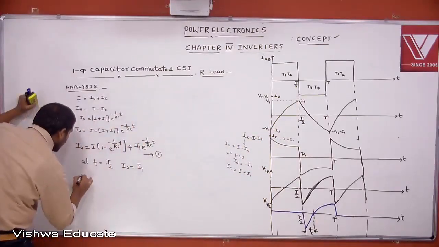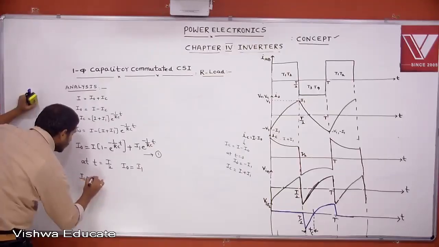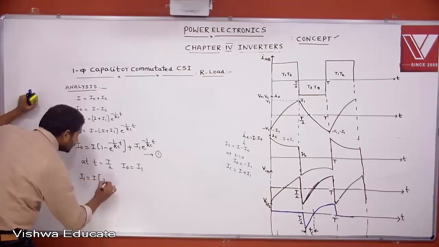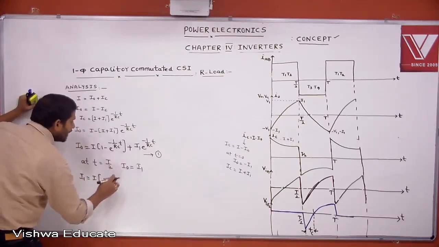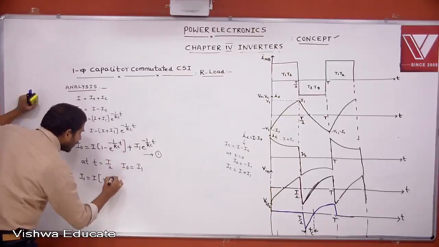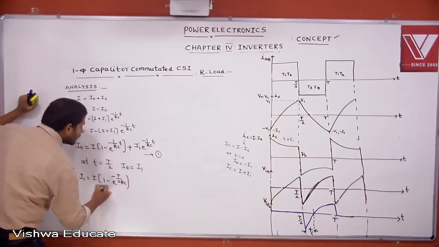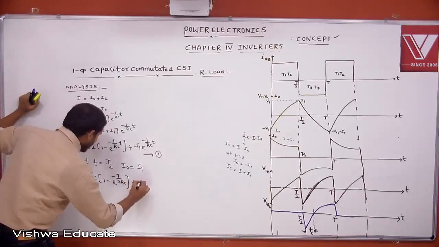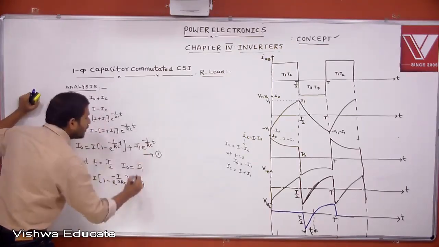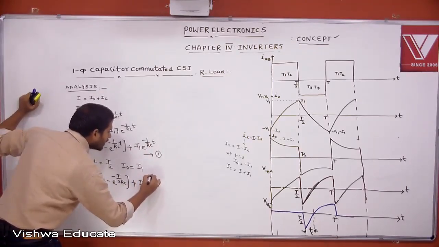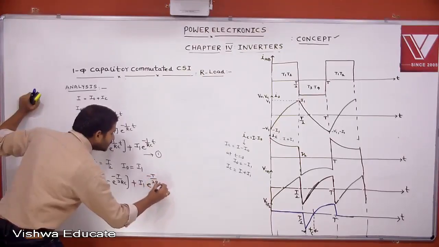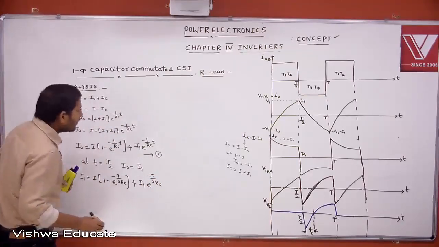Then you substitute here: I1 equal to I into 1 minus e power minus T by 2 RC, plus I1 into e power minus T by 2 RC, because t equal to T by 2.